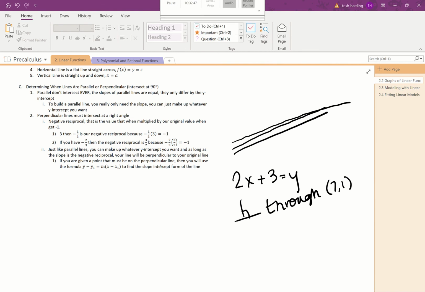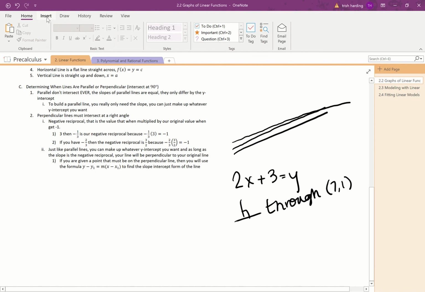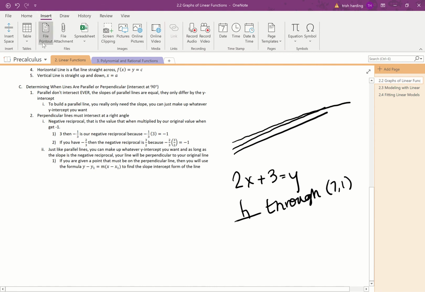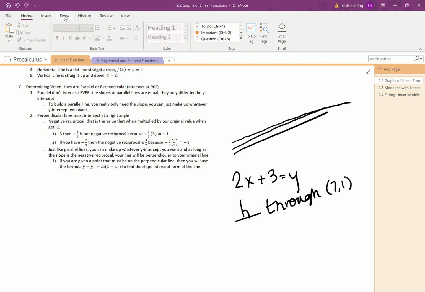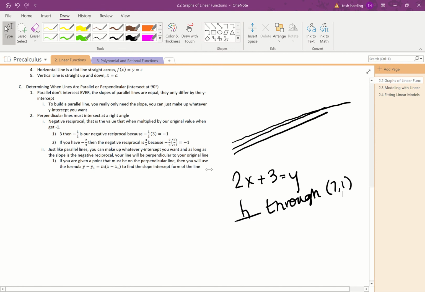Okay, now another thing that we're going to discuss, let me get my typing tool, is solving a system of linear equations. So systems of linear equations.